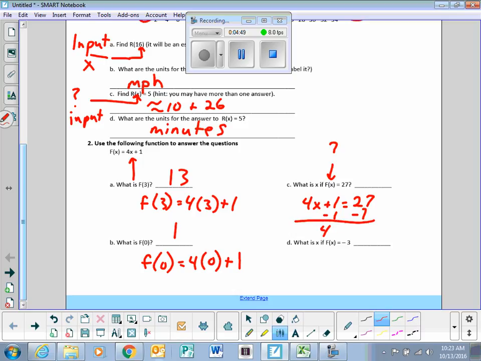So I get 4x equals 26, x equals 6.5. So f of 6.5 gives me 27. I do the same down here, and I get 4x plus 1 equals negative 3. Subtract 1, 4x equals negative 4, x equals negative 1. So that answer would be negative 1. Any questions on any of those? Okay. I have a feeling you're going to retake this after we're done here, and you're going to nail it.